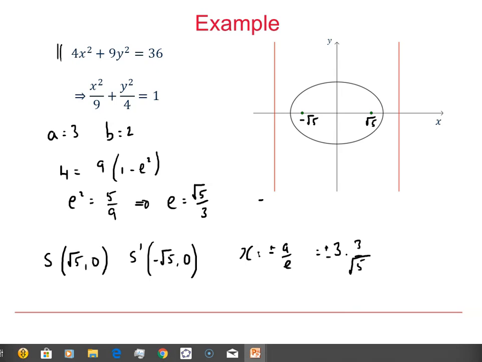So minus 9 over root 5 and plus 9 over root 5.